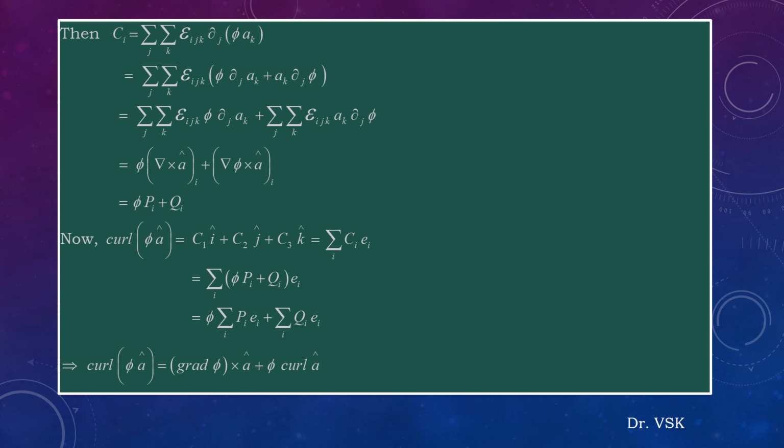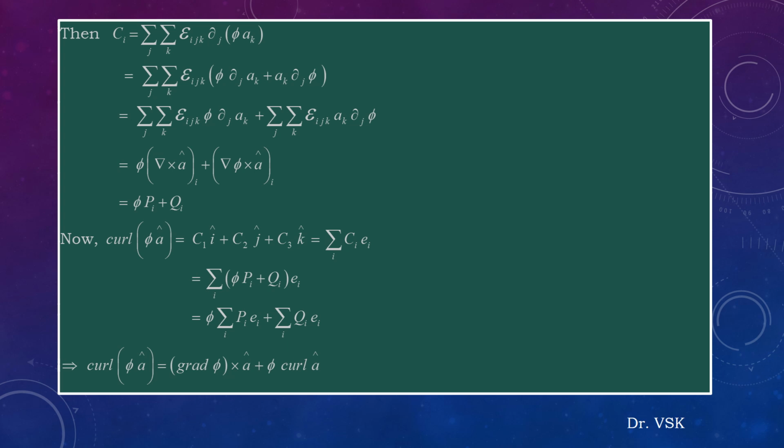This second part is a representation by using the Levi-Civita symbol. If we use the Levi-Civita symbol, it is the cross product of the vectors. Here, a representative from the vector grad phi and a representative from the vector a cap participated. So, this representation is a cross product of grad phi and a cap.